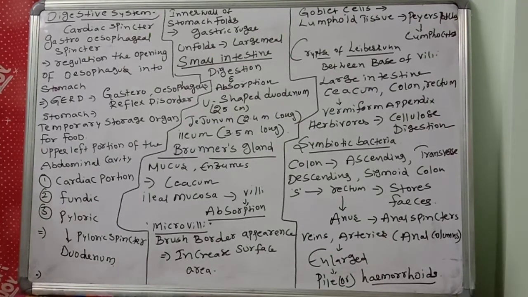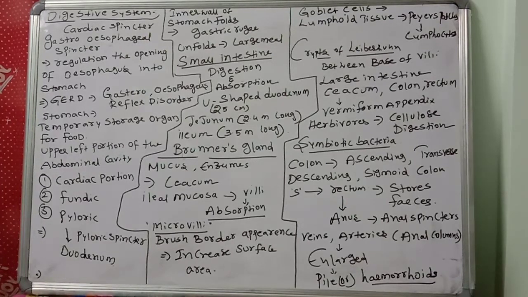We started with the human digestive system, which consists of the alimentary canal, buccal cavity, oral cavity, like that we discussed it, right? Mouth, anus, and the types of teeth: diphyodont, thecodont, and heterodont; incisors, canines, premolars, molars, and dental formula 2 1 2 3 by 2 1 2 3 into 2.